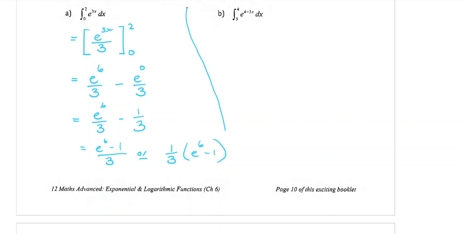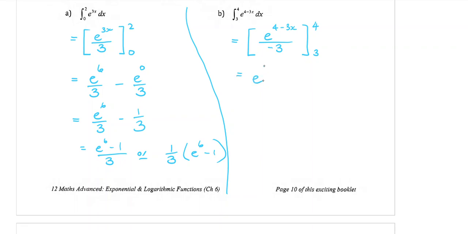Question B. Again, it's a definite integral, so open up your square brackets. Integrating the exponential, we keep the e to the 4 minus 3x, and we divide by what? Negative 3, good. Okay, on the end of my square brackets, we put a 3 and a 4, and now we sub in.